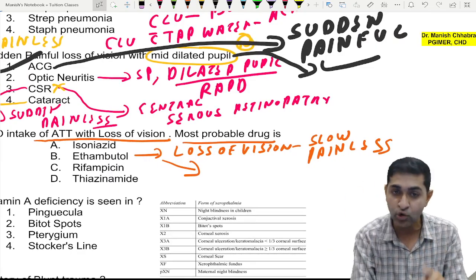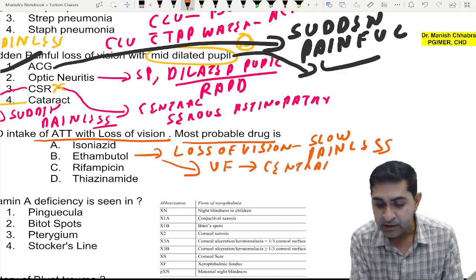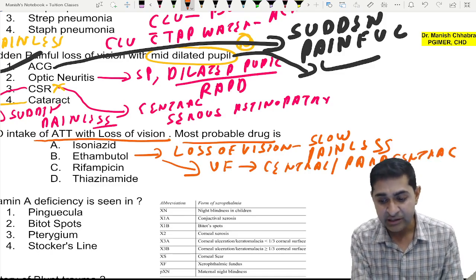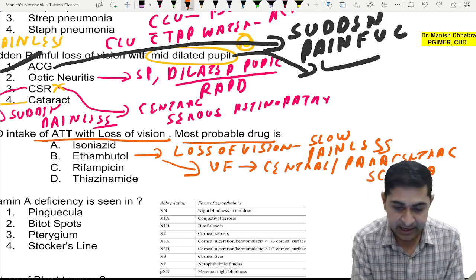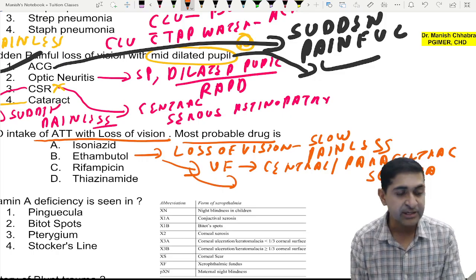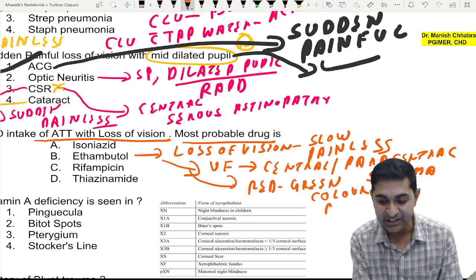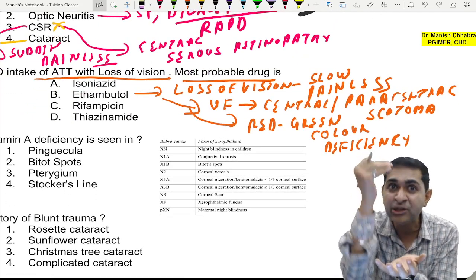The patient came to my OPD where I got visual fields done, and on visual fields I got central and paracentral scotomas. On further testing, I realized that the patient also had red green color deficiency. Why am I giving you this real patient scenario? Because this is what happened today only.